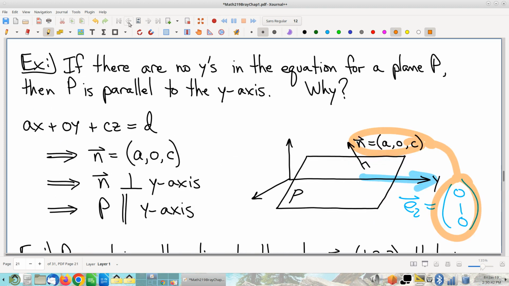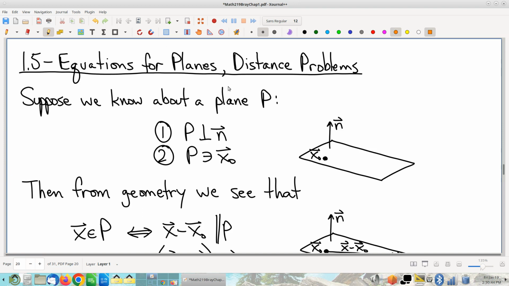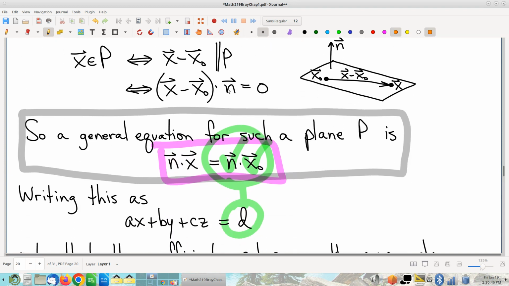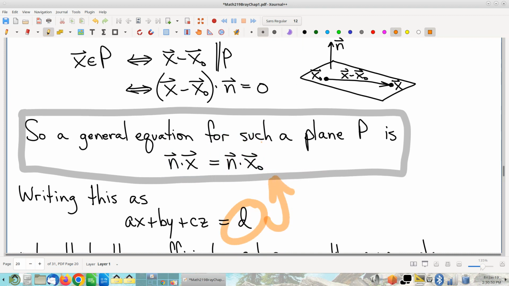So you're asking how can I use d to reverse engineer and figure out what x naught is. Well, you can't solve for x naught because there's actually a bunch of different points that are in the plane. So you don't need to solve, you can just manufacture one.